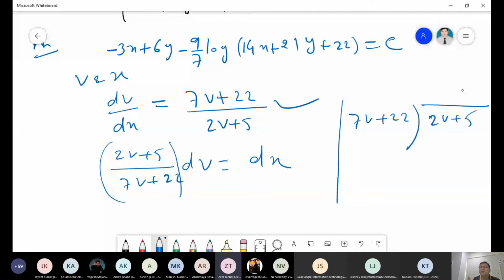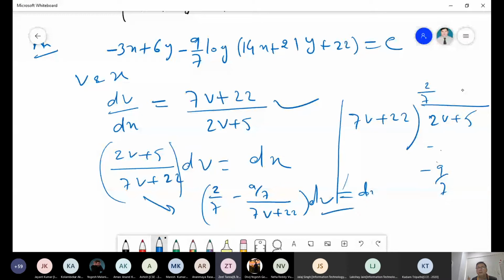So you can write it as 2 by 7, and this will be cancelled. This is minus 9 by 7 you will get here, and this finally changes into 2 by 7 minus 9 by 7 divided by 7v plus 22. So it's very simple to integrate, right? And this is equal to dx.